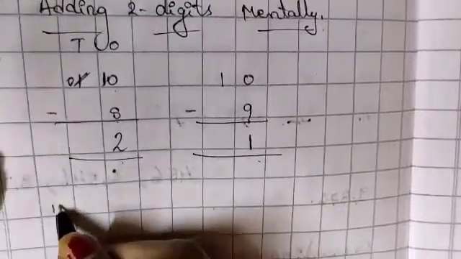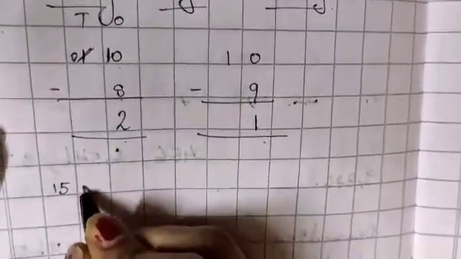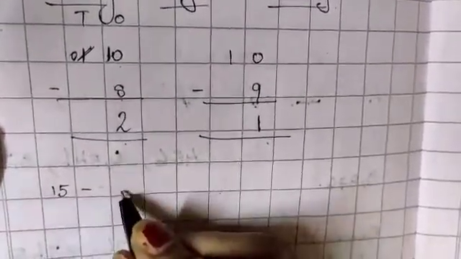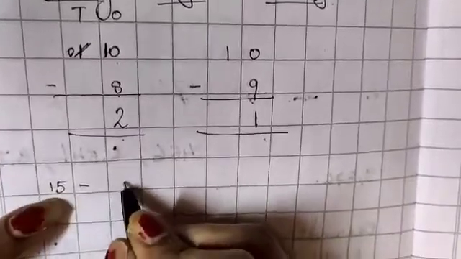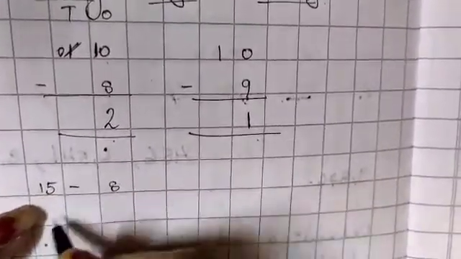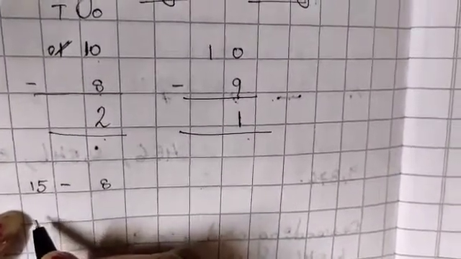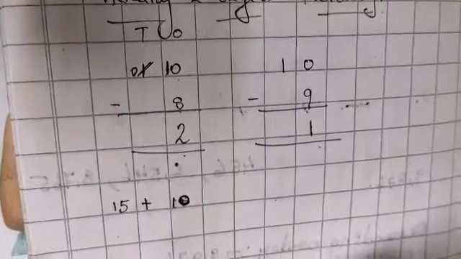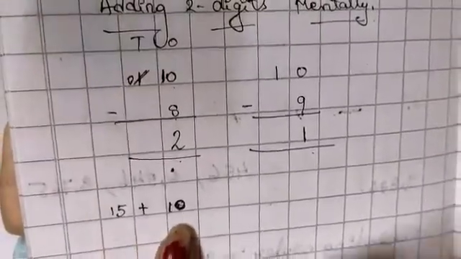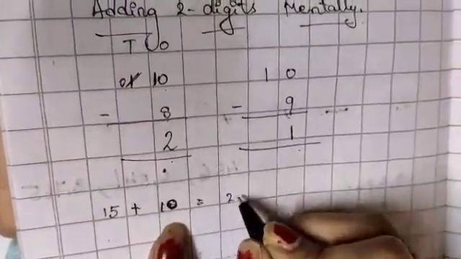So here they gave you 15 plus 8 and one more. So children, now 15 plus 10 is equal to 25.